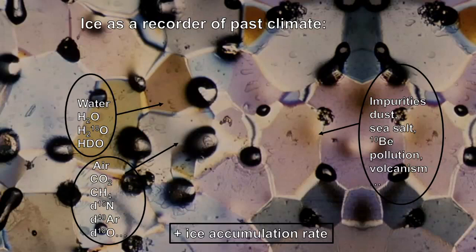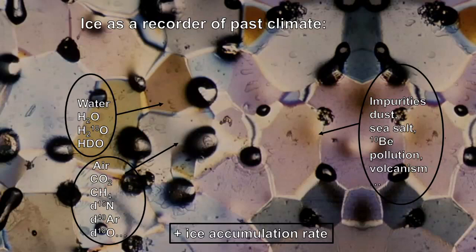And these are formed when the snow falls. The snow is quite porous. Okay? So there are lots of air gaps in the snow. And then as that snow is compacted, those air gaps get squashed and isolated, and they eventually become these bubbles. So these bubbles are capturing the past atmosphere of the Earth.